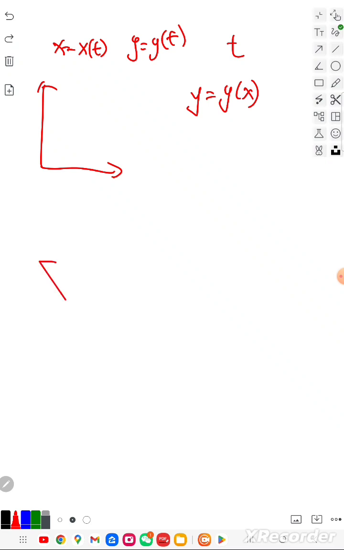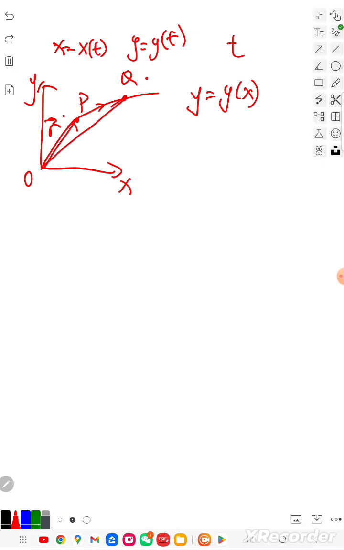We consider a case where there is a point P and the particle moves towards a point Q along a curve. At first this is our position r at P, and then at point Q this is our position r(t plus delta t), so the object moves from point P to point Q in an interval of delta t.